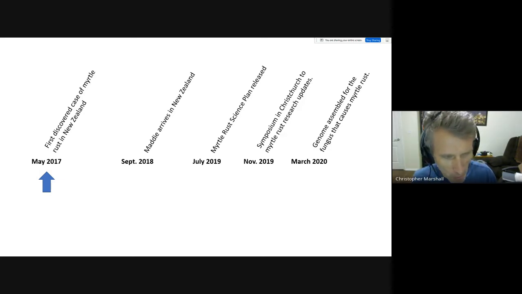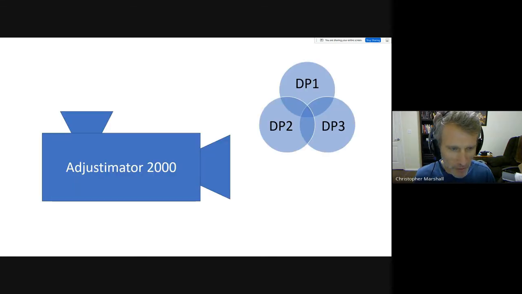To address this discrepancy, I used a sophisticated piece of machinery called the Adjustimator 2000. This machine has one specific purpose. It is to take something said by a scientist and translate it into the truth.